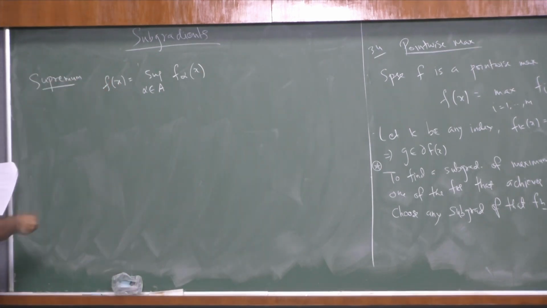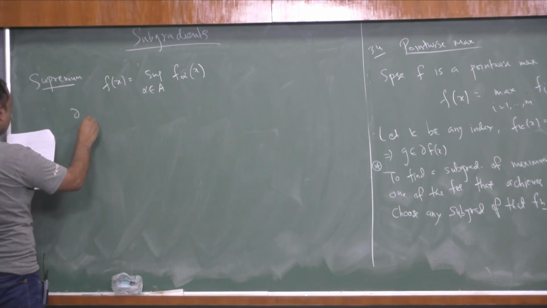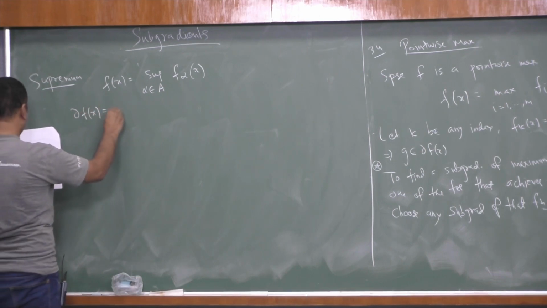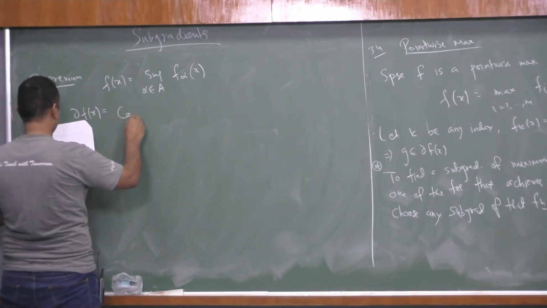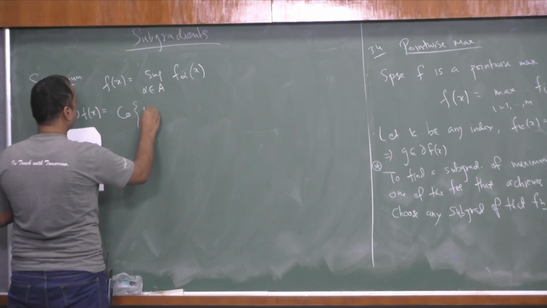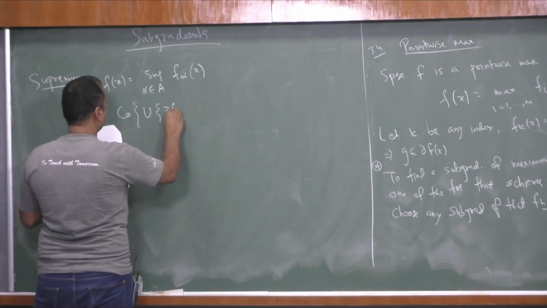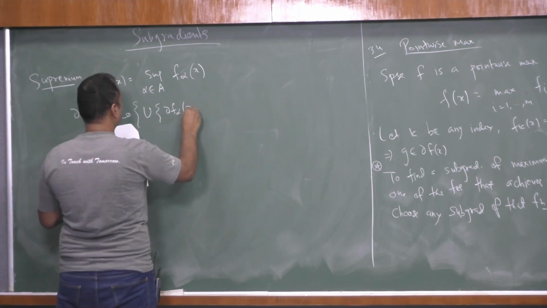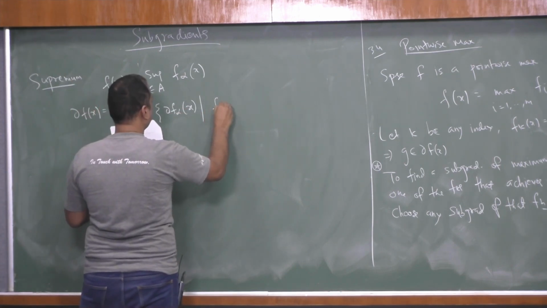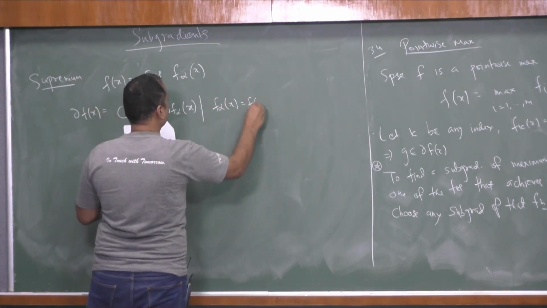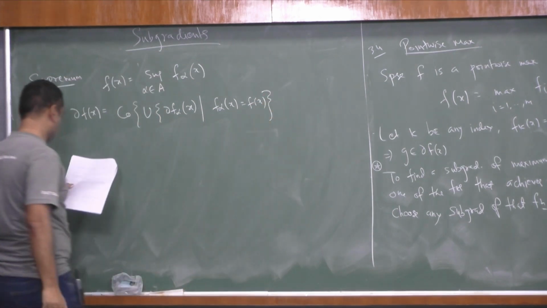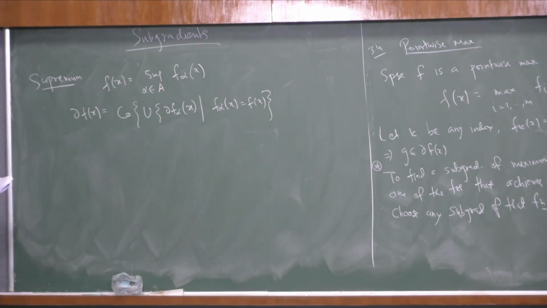In this case I will straight away write this. It's a similar thing here. So this will be the convex hull of the union of del f alpha x such that f alpha x is f x. Okay, so this is a simple extension of that.